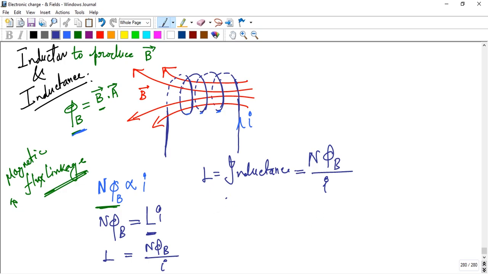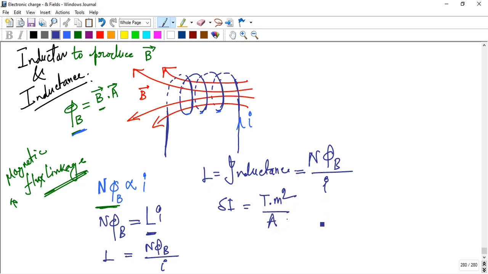The SI unit of inductance: the number of turns, the number of windings in the coil, has no unit, it is only a number. Then there is a magnetic field B and an area A. The unit is Tesla, the area is meter square, and I is in ampere.